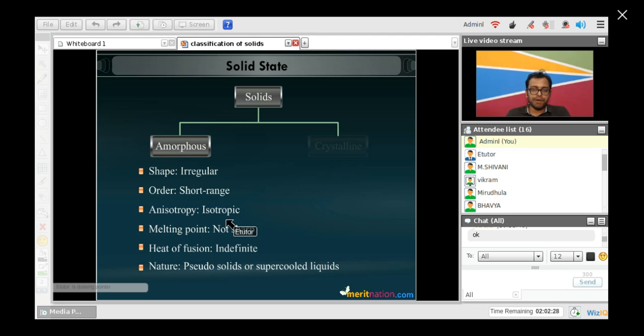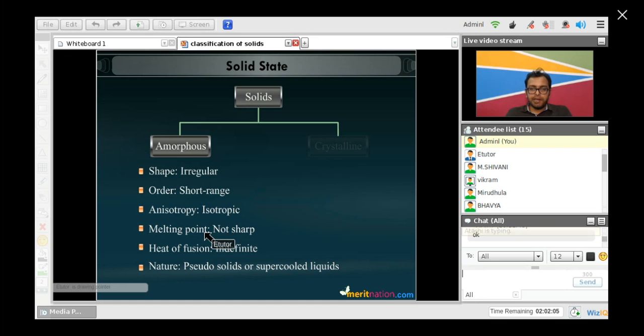What is the meaning of isotropic? Isotropic means if you go in different directions, the physical property remains the same in an amorphous solid. This is the meaning of isotropic nature. Exactly. It is called a pseudo-solid.